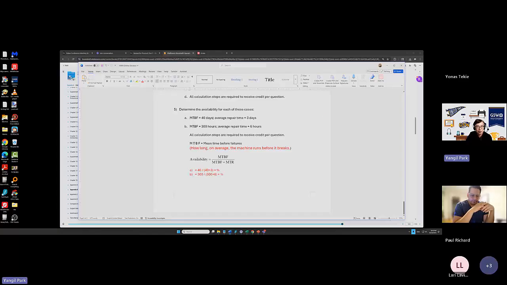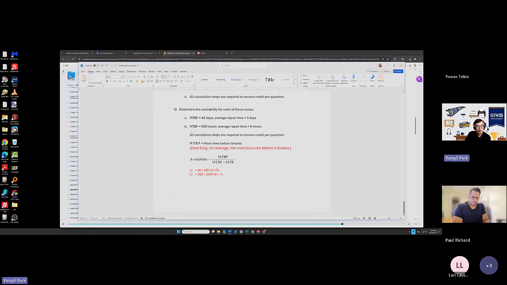So the first case is 40 days, but the average repair time is 3 days. So we plug into the availability formula. You take that MTBF value, then you divide by MTBF plus MTTR, which is 3. So 43 is the denominator. 40 divided by 43, then you get the percent.